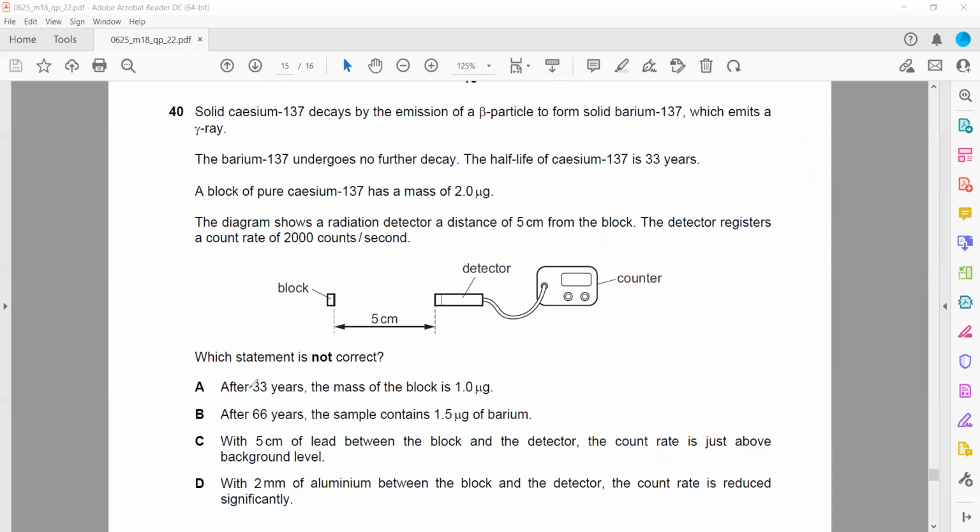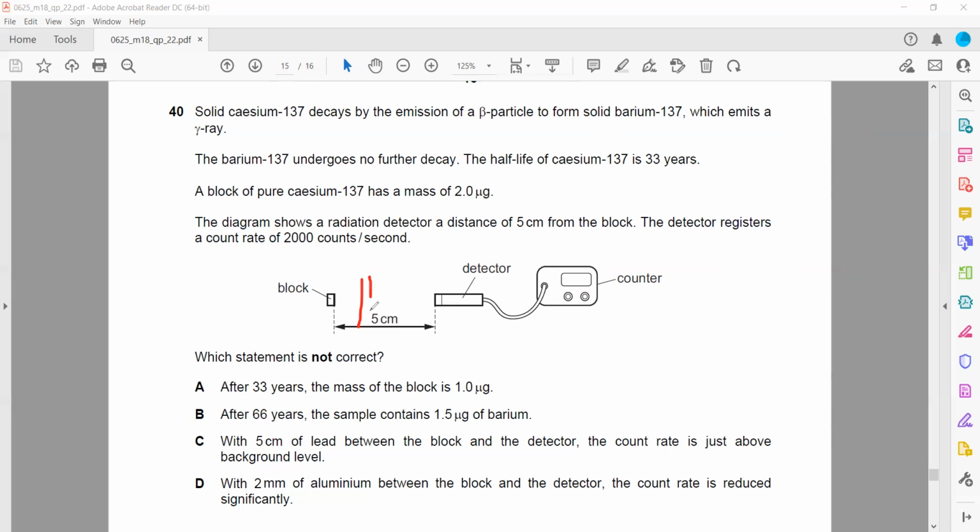When we check option C, with 5 centimeter of lead between them, if you place lead, it's emitting out beta radiation, the count rate will be just background. That is also true, because lead can stop alpha, beta, and gamma. That's why there will be no radiation. And if 2 millimeter of aluminum is there, the count rate reduces significantly.